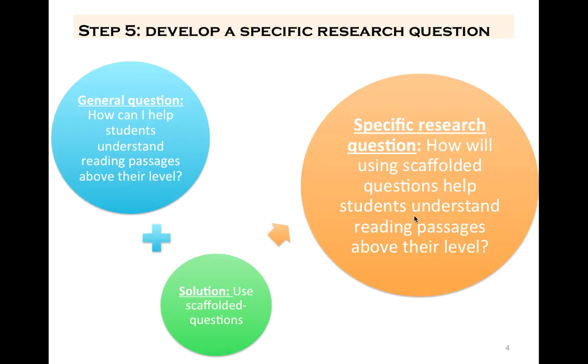Now, the result should be an open-ended question. For example, your specific research question: how will using scaffolded questions help students understand reading passages above their level? Your specific research question includes both your general question and your solution.